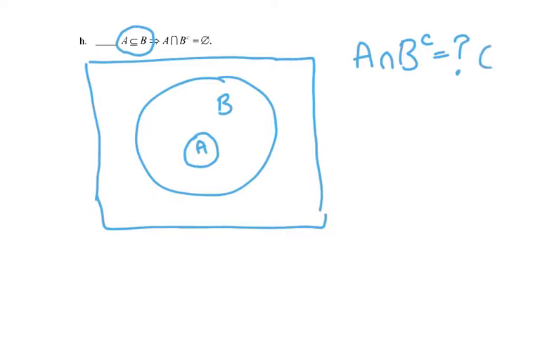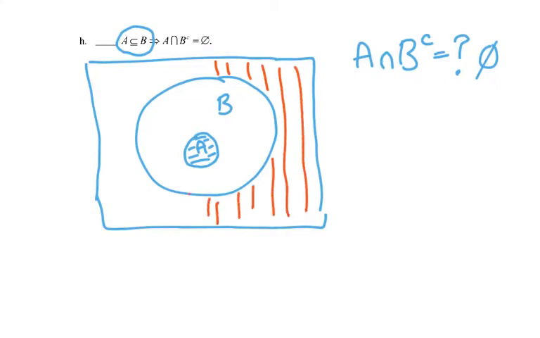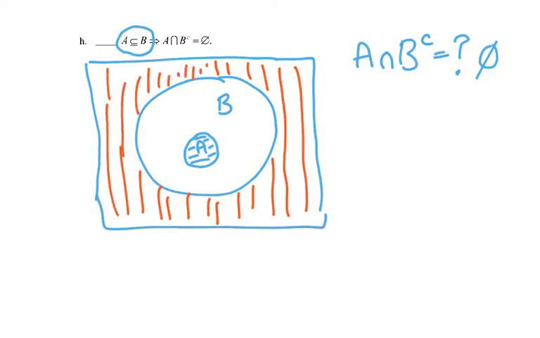Does A intersect B complement equal the empty set? Well, let's find the intersection. So I'll shade A in blue and B complement in red, and I think you can see right away there is no overlap between these two sets. Right? So this is true.